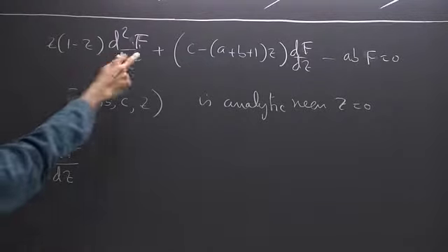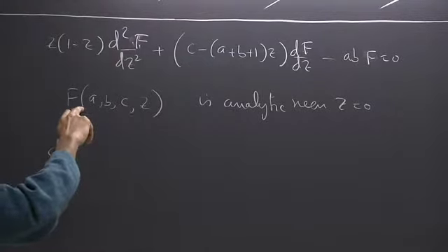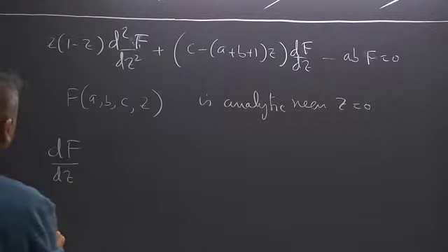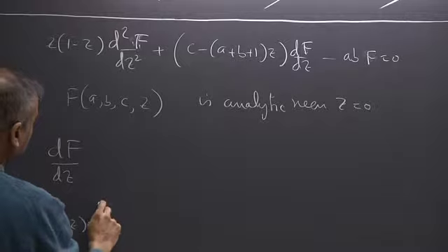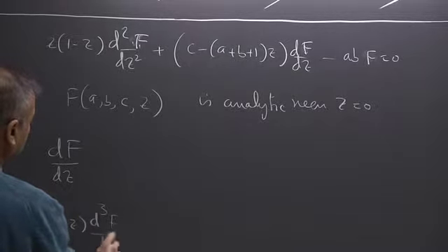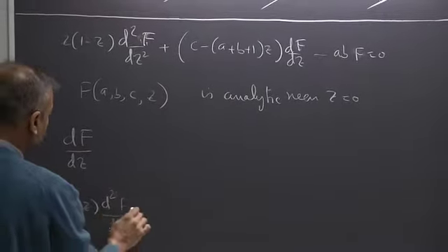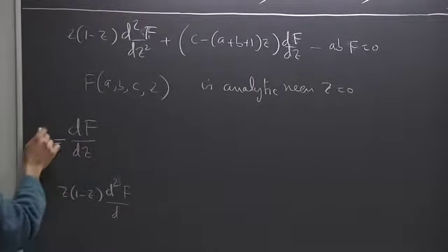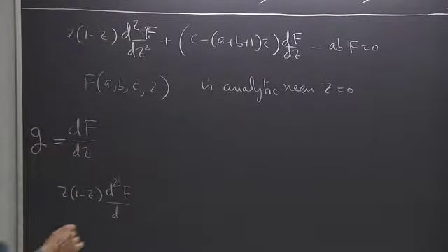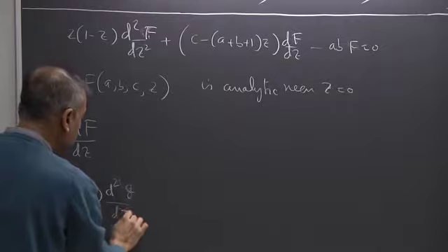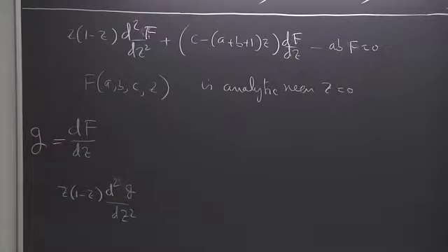Now let's take a derivative of this entire equation. One term will be simply z (1 minus z) d3f over dz3, which I can write as d2 over dz2 of g. Let's call g equal to df by dz. Then this is d2g over dz2, because 3 derivatives are the same as 2 derivatives on g.